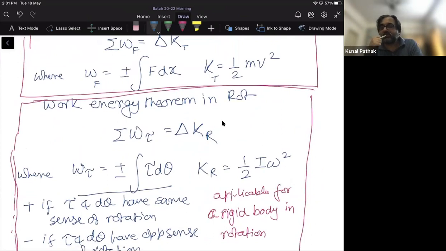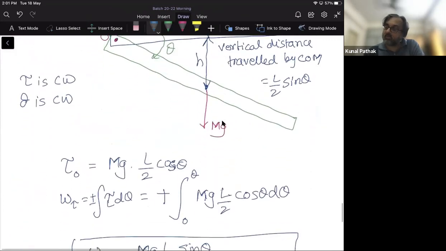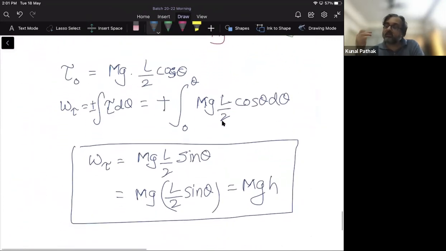Unless of course the question absolutely forces you, saying that this is the torque, this is the angle, tell me how much work is done. But you will never ever have to work out this integration. All you have to remember is that work done by torque due to gravity is mgh, where h is the vertical displacement, or the center of mass has come from here to here.